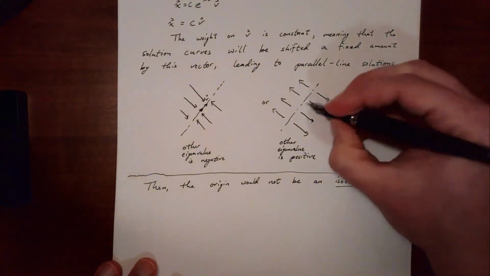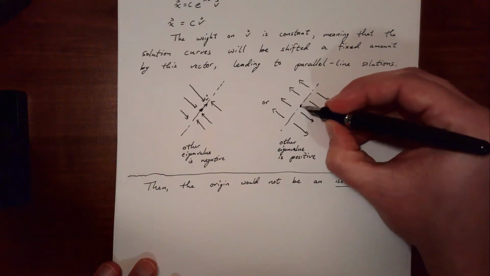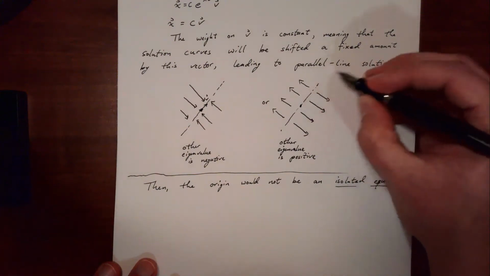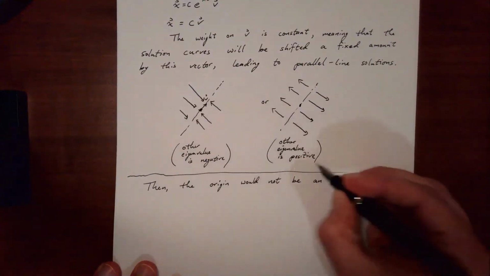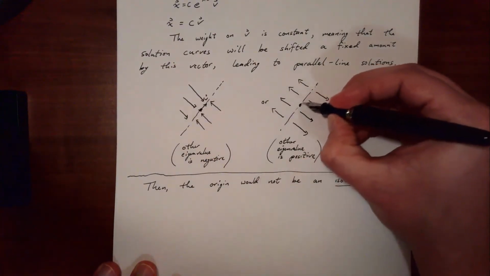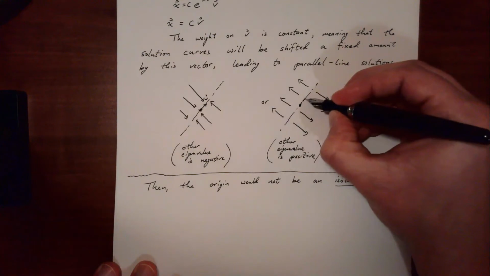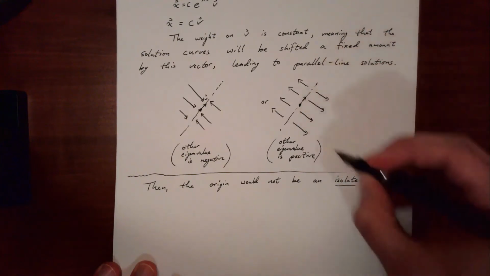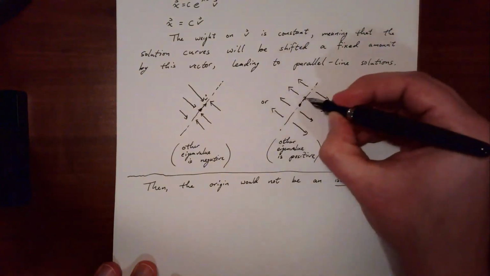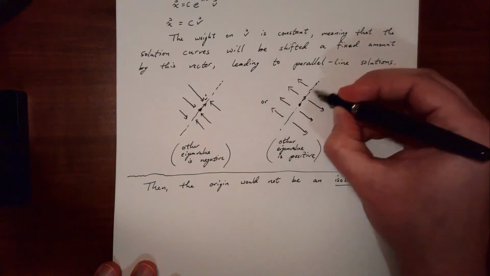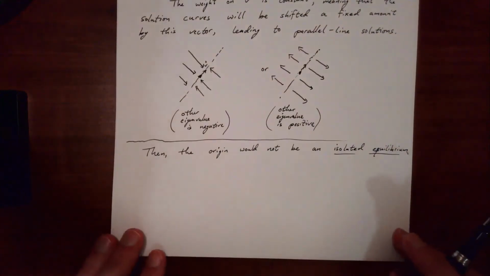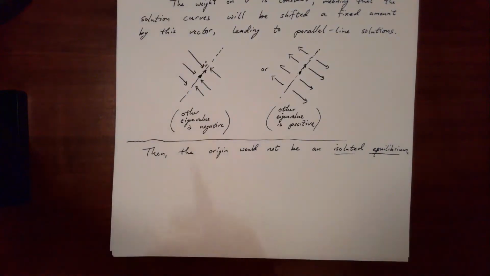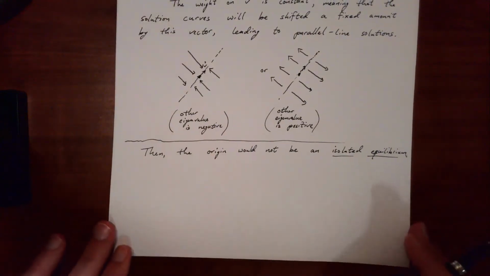Basically, the equilibrium points would lie not just at the origin, but all along the line determined by the direction of v. So each point along this line would be an equally valid equilibrium. That's not something we've really seen before. So it's an interesting exception to the cases that we've looked at.